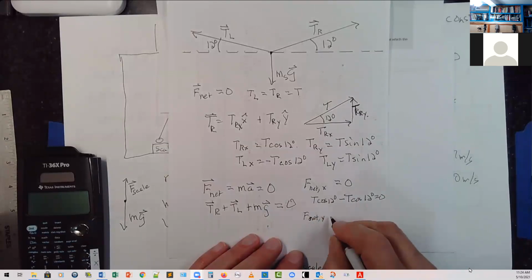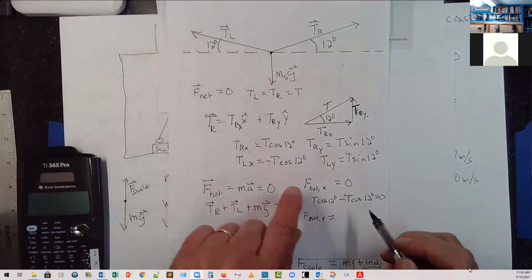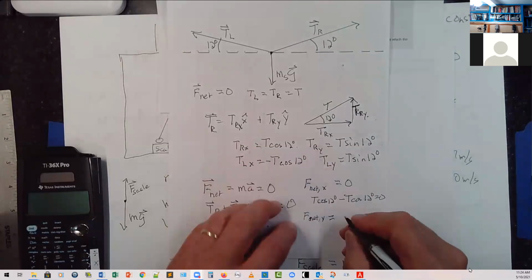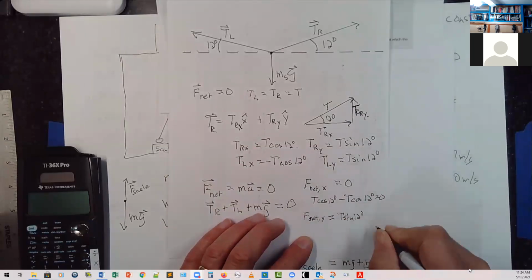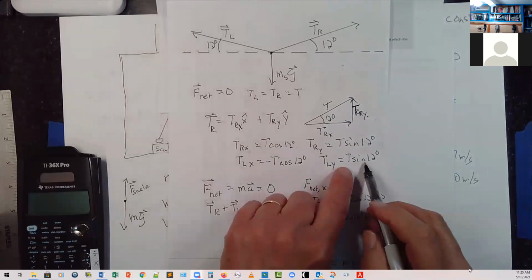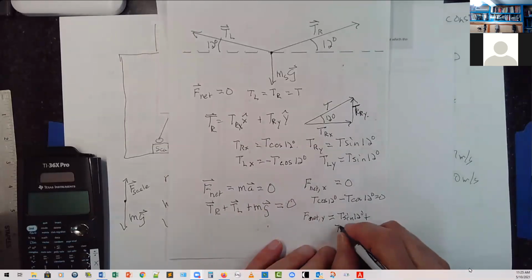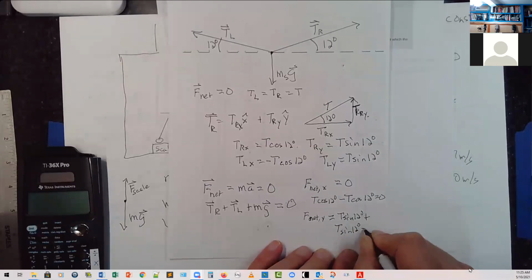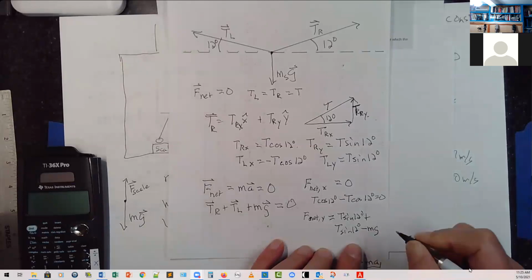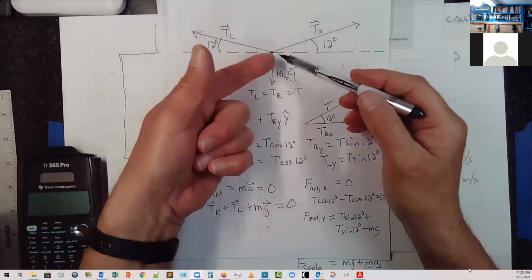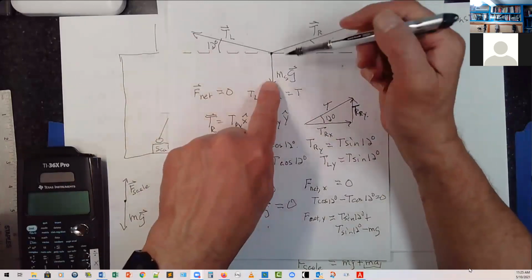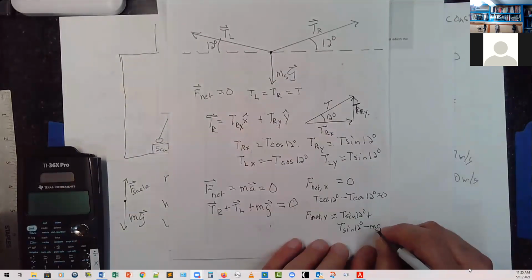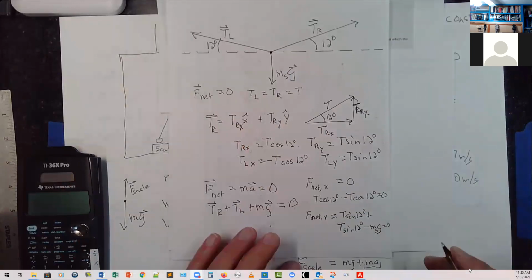F net y, I'll have to stop right after this, I would get T sine 12 plus T sine 12, I'm running out of space, minus mg. Those are the three forces acting, the upward component of this, the upward component of this, and the downward component of that, minus m sub s g is equal to 0.